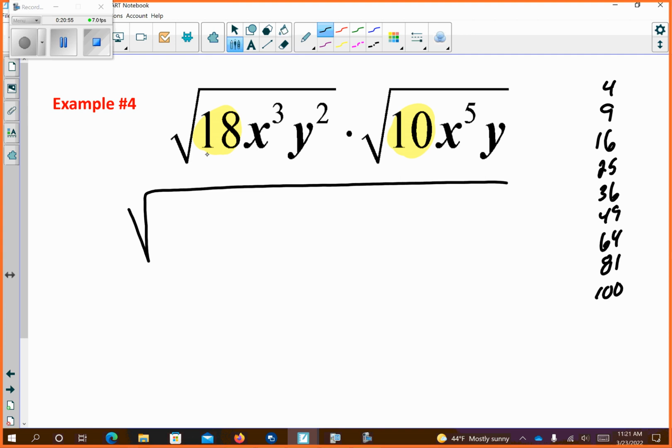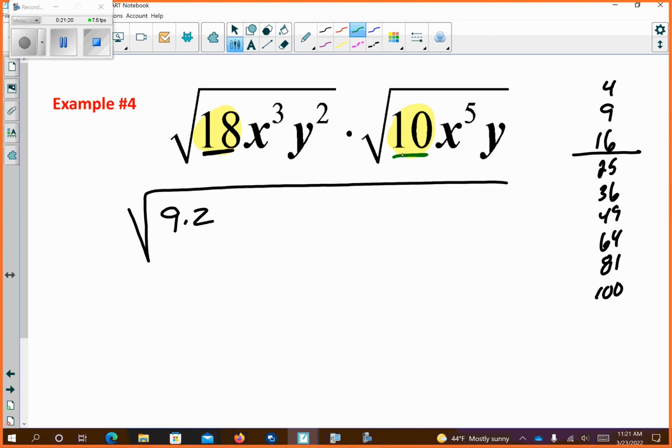Let's take a look at 18. Can I break 18 down to be the multiple of any of those? 9 and 2, right? So 18 breaks down to 9 and 2. Okay. What about 10?